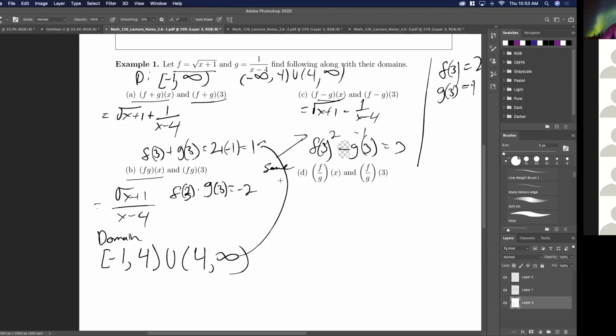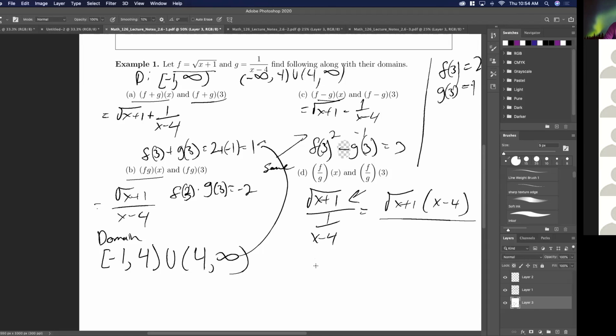Here, let's go ahead and crunch through this. So if I did this, x plus 1 over x minus 4, which I can simplify. But notice here the domain looks a lot better, right? But actually you have to put it back here.